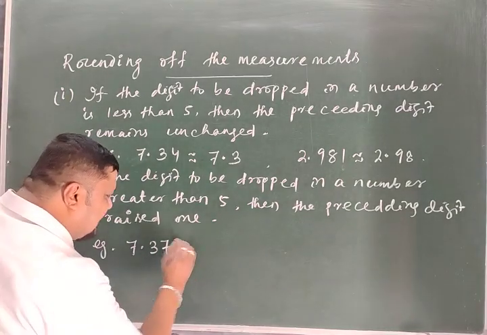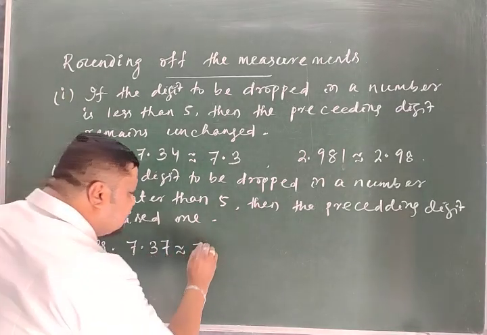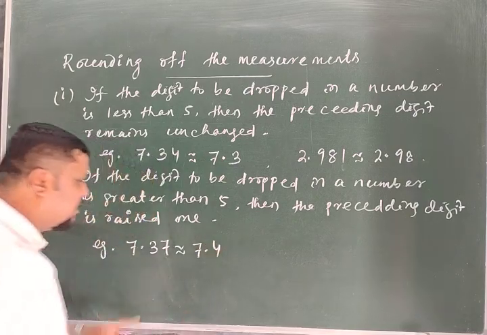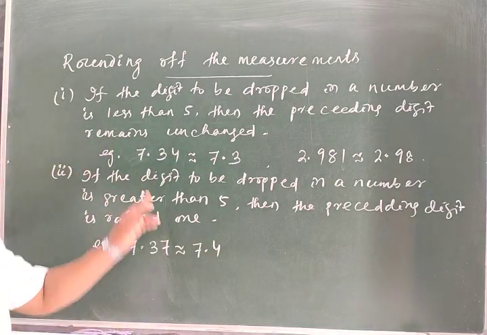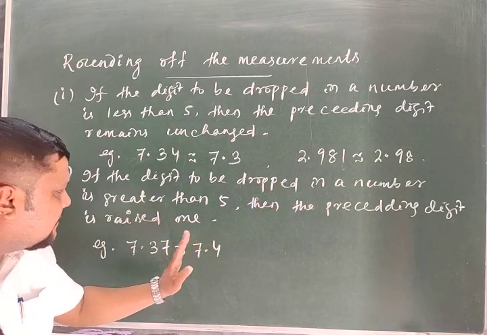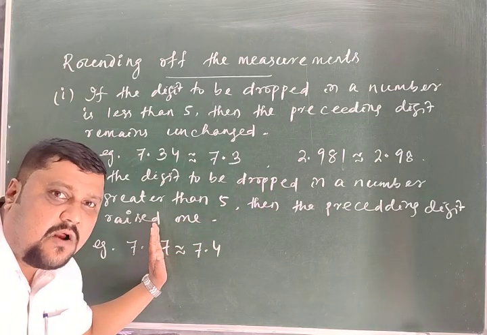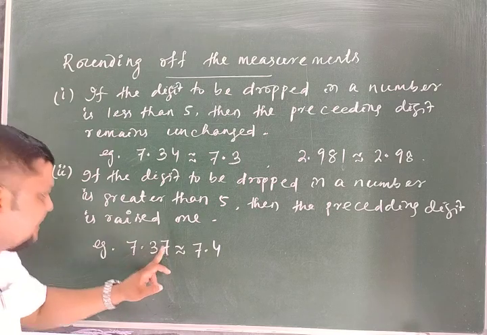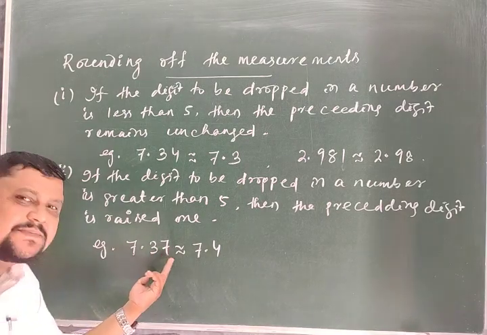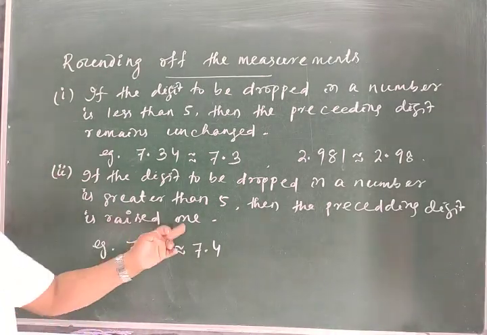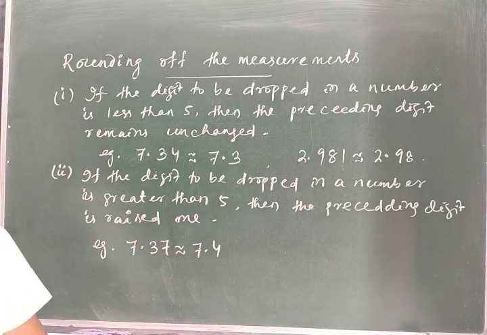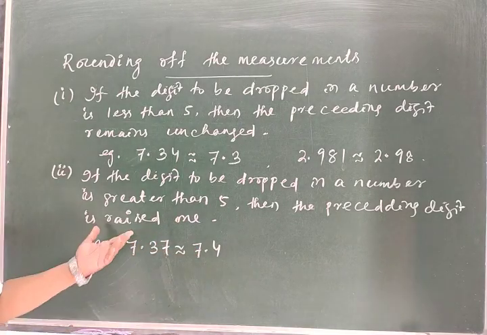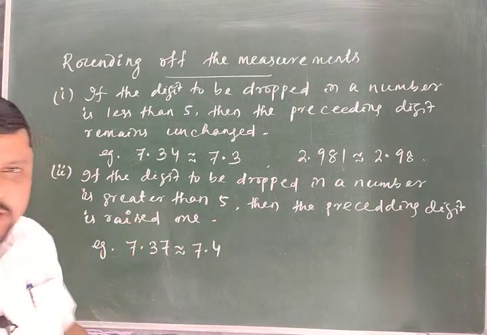So if you round this, the preceding digit, 3, should be raised by 1. So I will write 7.4. That is the method of applying rule number 2.